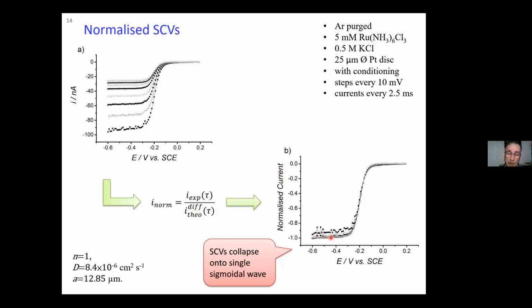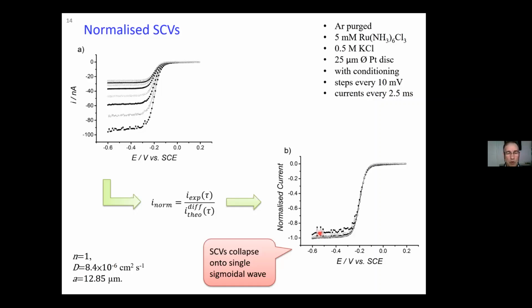And what you observe is that on the whole, they all collapse onto the same sigmoidal wave, and they approach a normalized current of 1, except for a bit of noise corresponding to the shortest sampling time. So the SCVs collapse onto a single sigmoidal wave, and that's quite interesting.